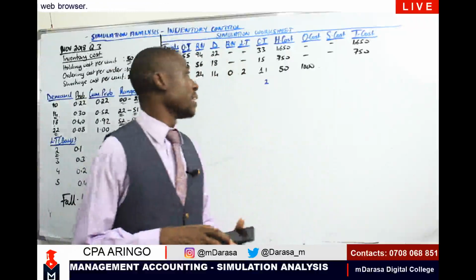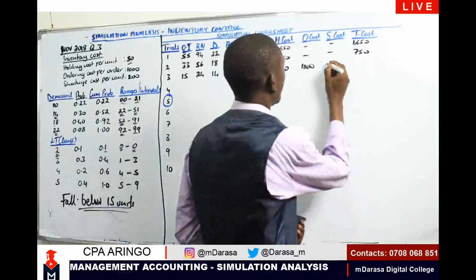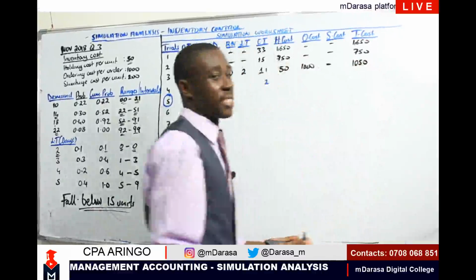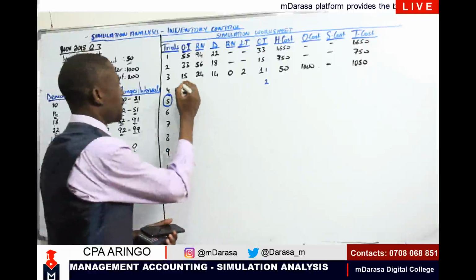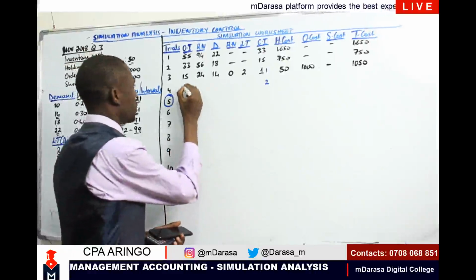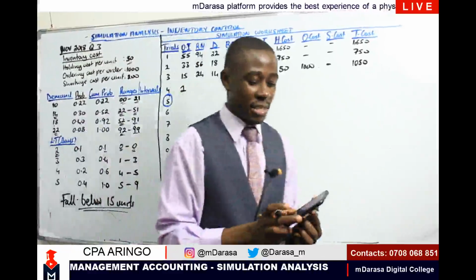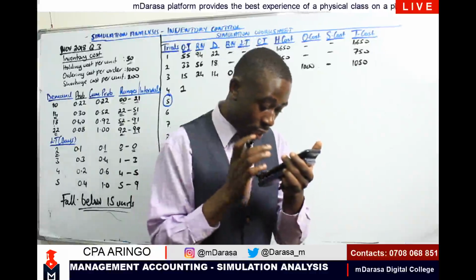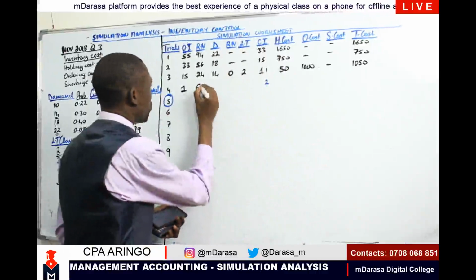After we are done with that, my good students, come identify our total cost here. My total cost should be 1,050. Then the opening inventory is 1 unit. The next random number to consider after 0, I'm having 64.